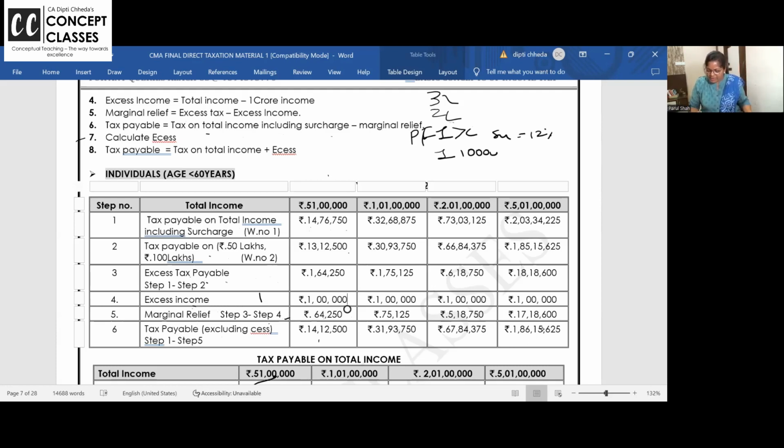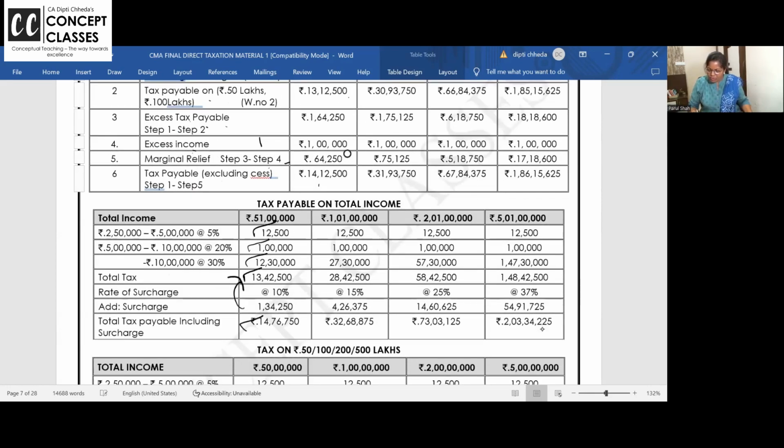Look at this. If you are earning just above 2 crore, 1 lakh, what is the surcharge rate? 25% on the tax. This I am skipping, now you all know it. So on 2 crore 1 lakh as an individual, you are paying 25% surcharge and your tax comes to 73 lakhs.